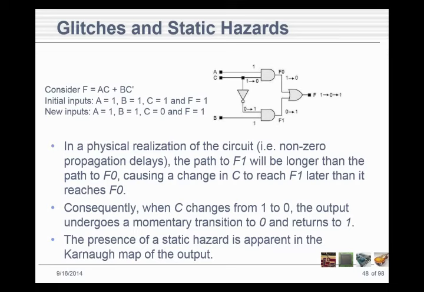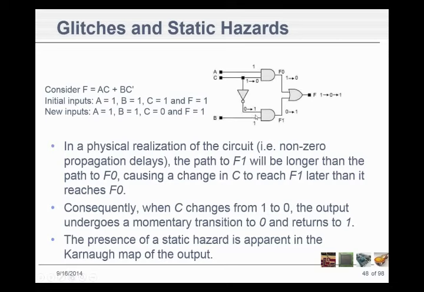If the initial inputs are A is 1, B is 1, C is 1, we have a 1 and a 1, that's a 1. That 1 output causes a 1 here. Even though this is a 1, it's going to take a little while to go through here and produce, so at first this will be a 0, and then it will flip over to a 1.